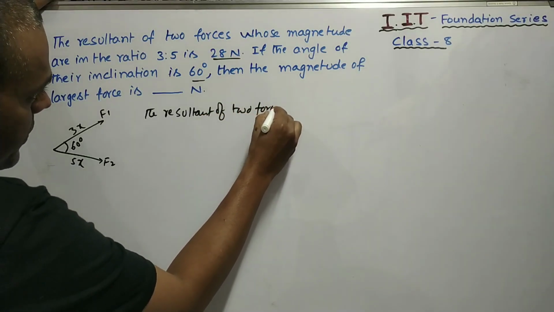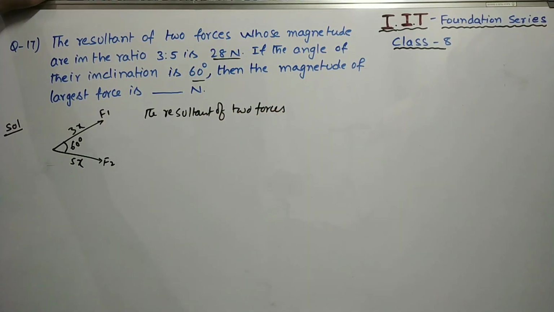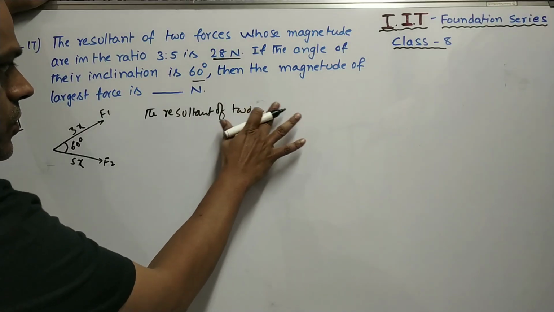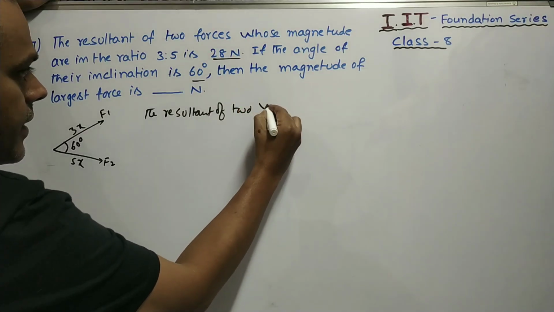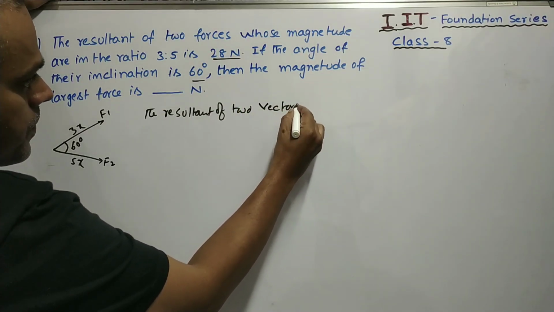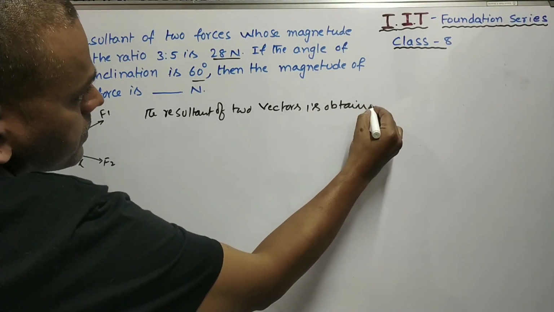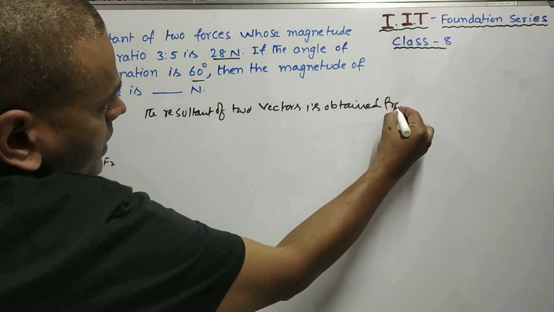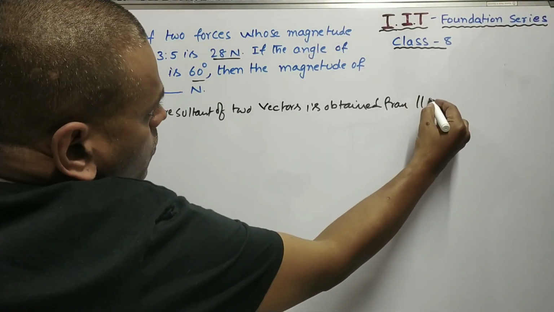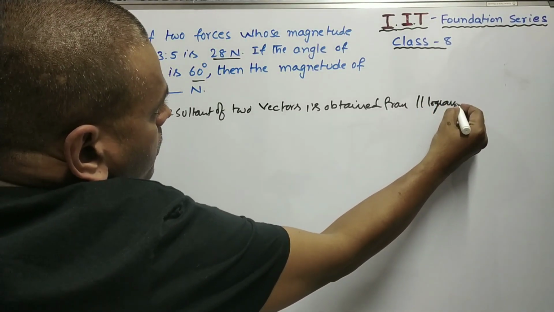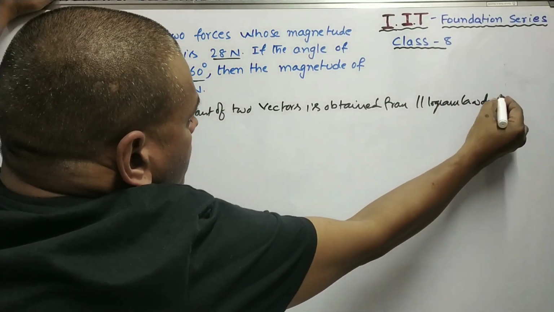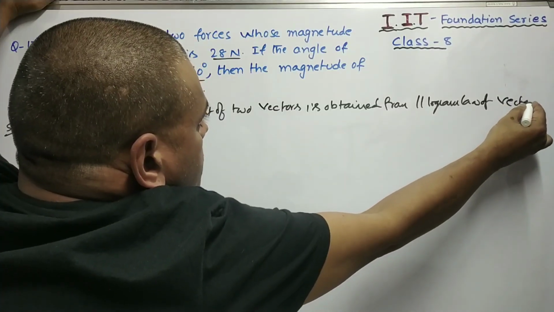So the resultant of two forces, here force is a vector, so the resultant of two vectors is obtained from the parallelogram law of vectors.